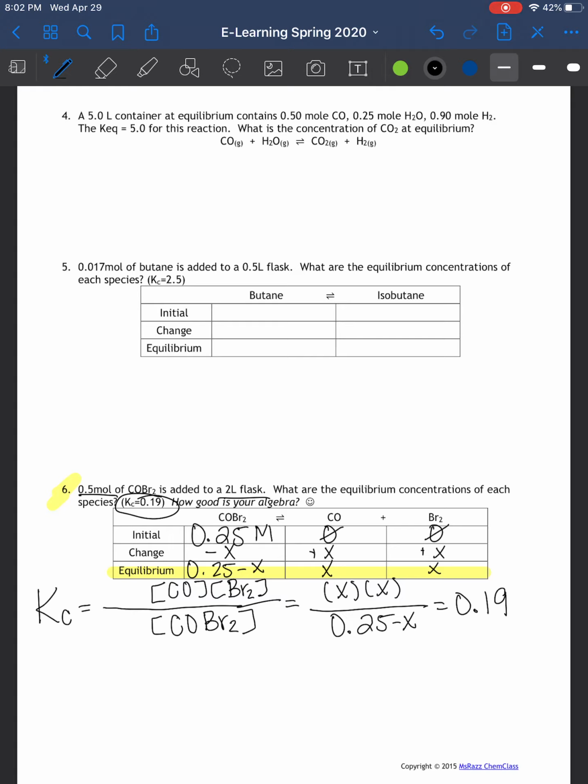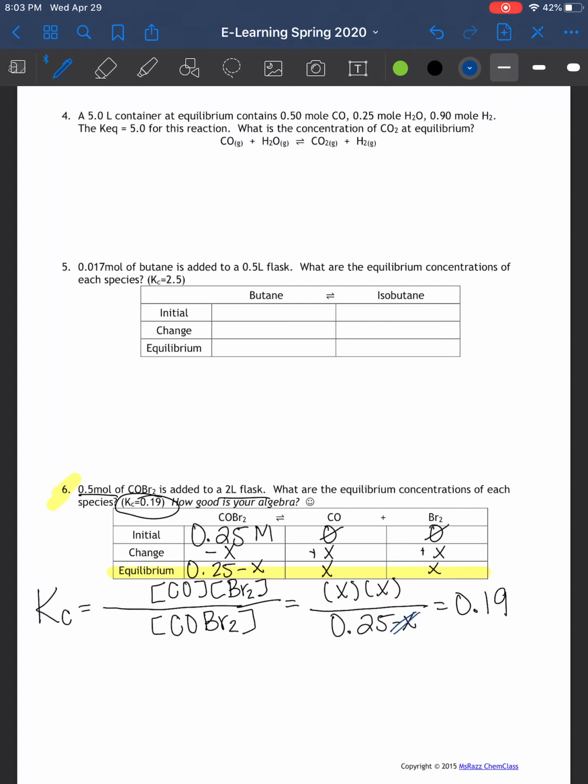Okay, so the way you would do this, since we have a very small Kc value, since we're dealing with decimals, 0.25, 0.19, we can stand to reason that our x is also going to be a small decimal value. So since it is going to be a small decimal value, we are going to assume that the value in my denominator is going to stay something similar to 0.25, whether I subtract x or not.